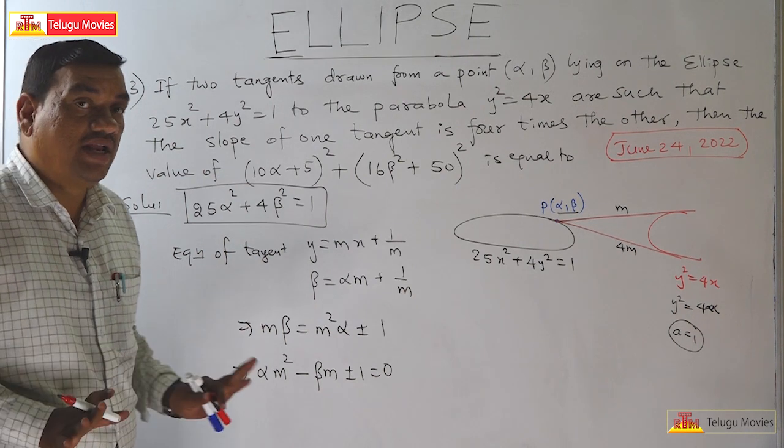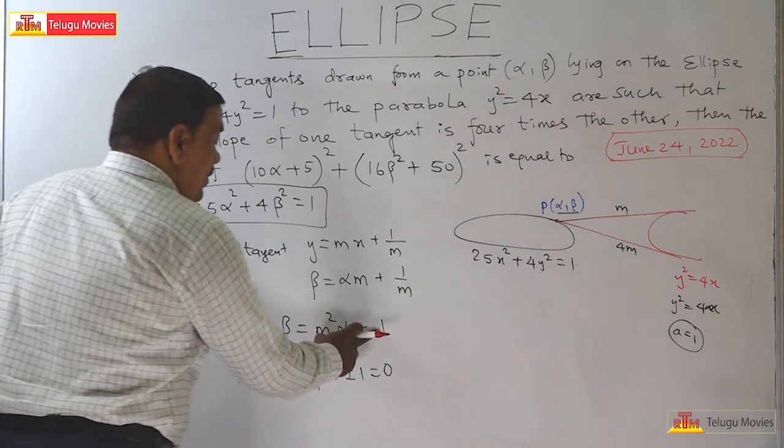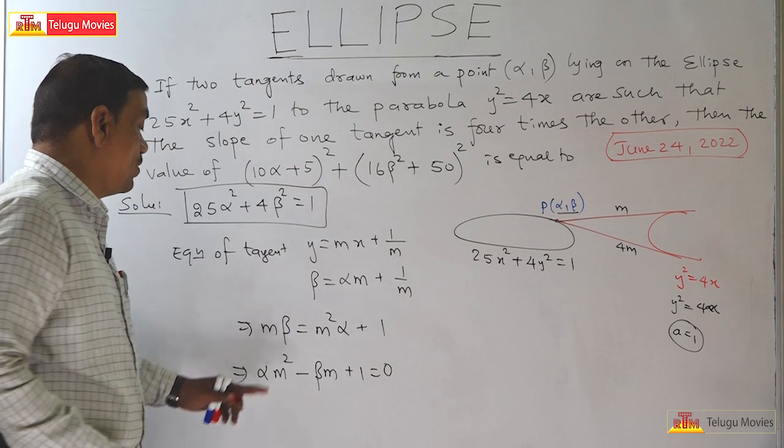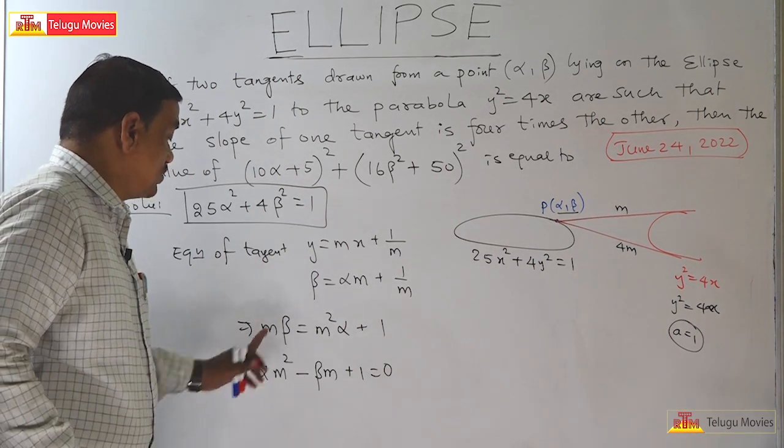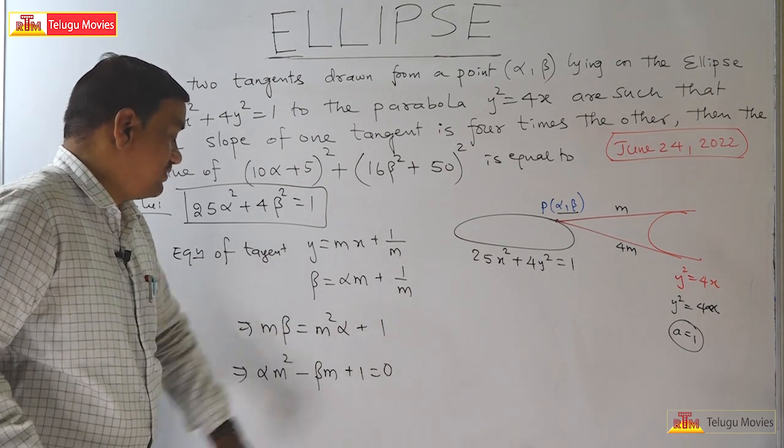Very nice. So this is alpha m² minus beta m plus 1 = 0.